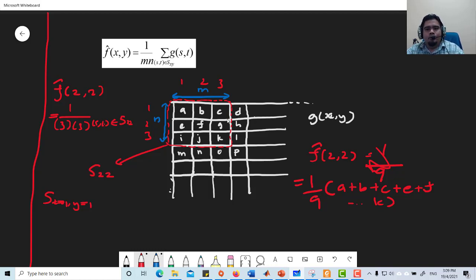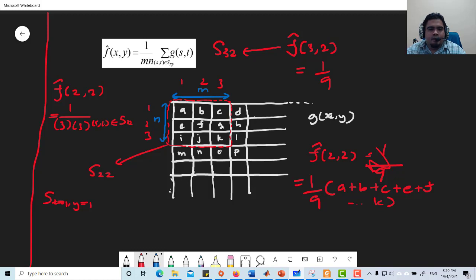How about the entire image? Then you need to go to another step. After F22, you need to find another one, which is F32. To find F32 again you need to repeat the same thing, 1/9. But the one that I want to highlight in this equation is that to find this one, you need to use S32.